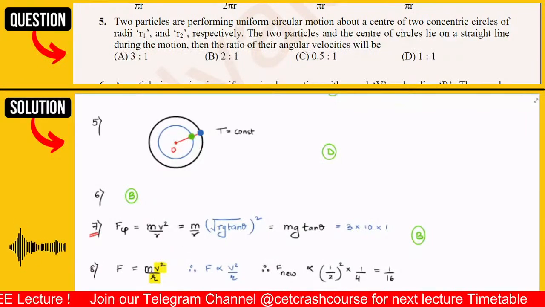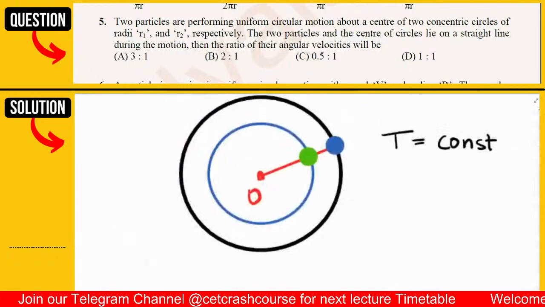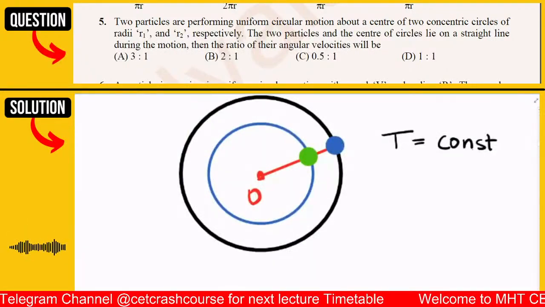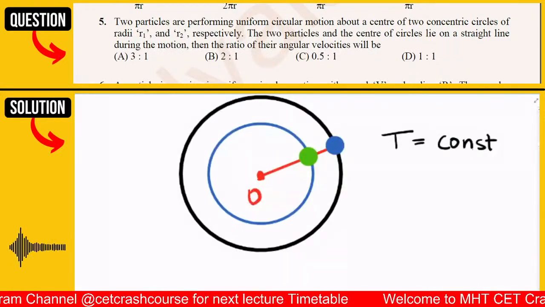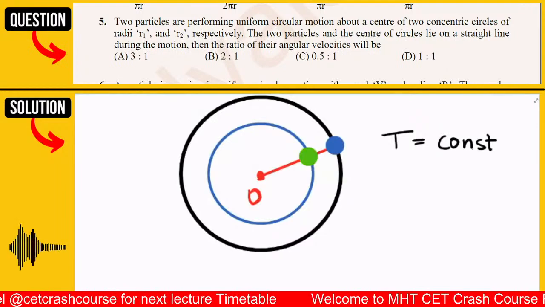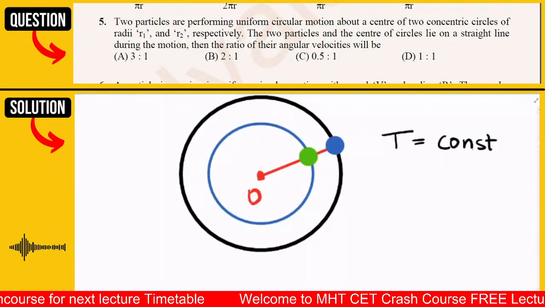The ratio of angular velocities will be. Can you see that the green particle and the blue particle are both lying along a straight line?